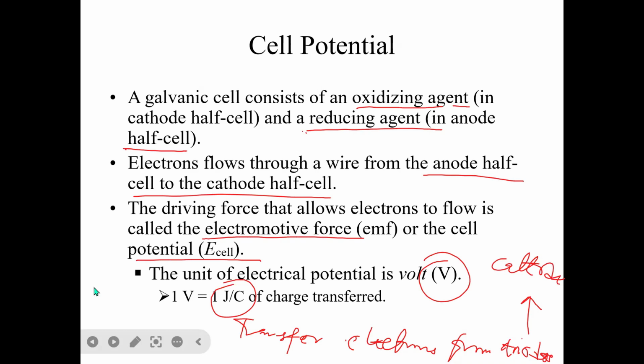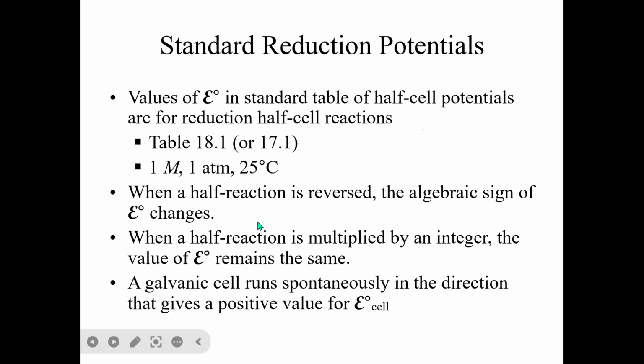And in addition to this, we have what you call a standard reduction potential. A standard reduction potential is represented with epsilon naught. The values of the standard electrode potential are usually given in a table of the half cell potential for the reduction half cell.